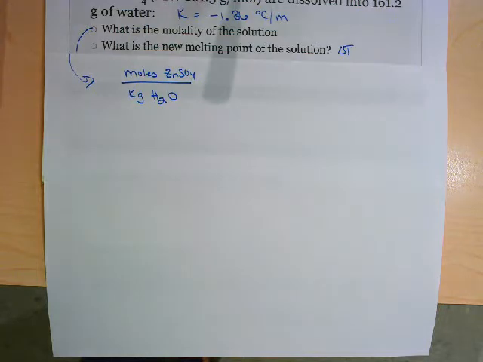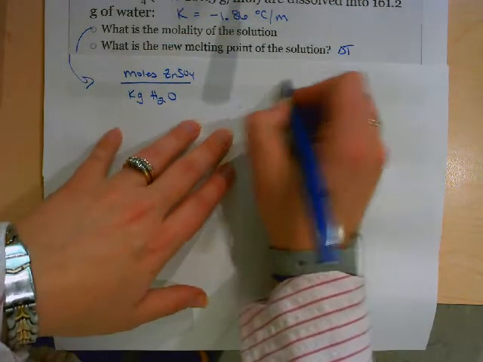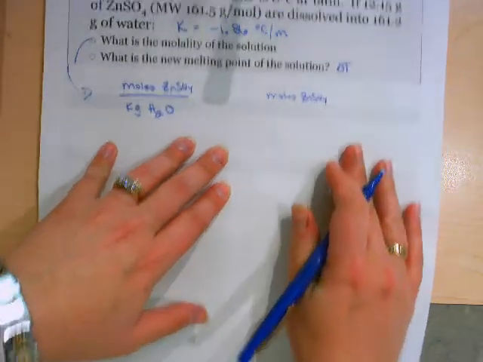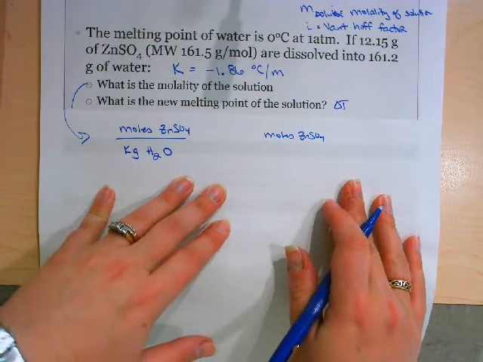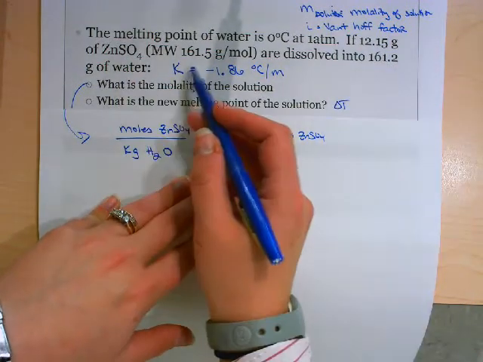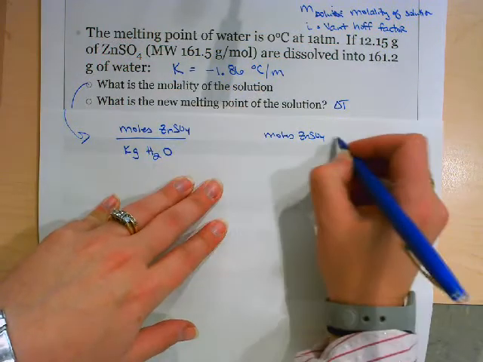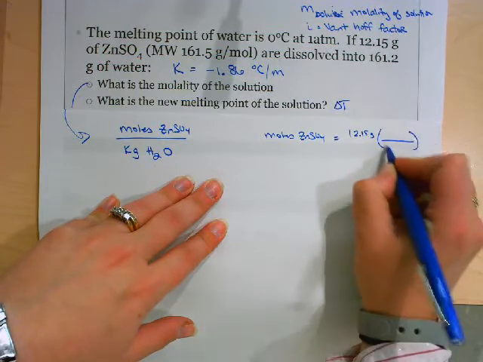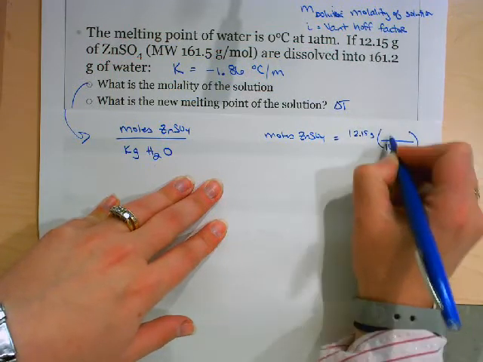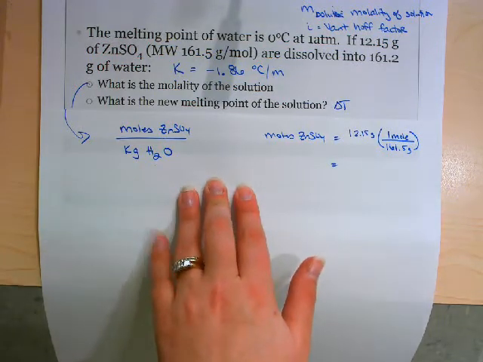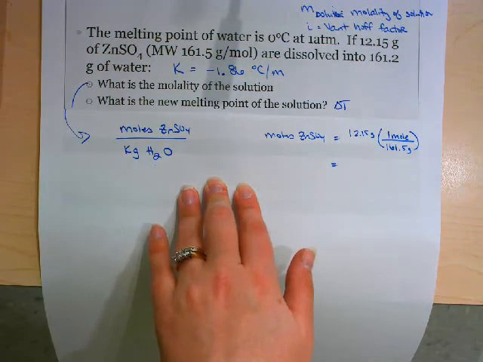We need to figure out how many kilograms of water we have. So if I want to figure out moles of the zinc sulfate, how do I use the information given? Alright, so let's see how many moles that is, I think.